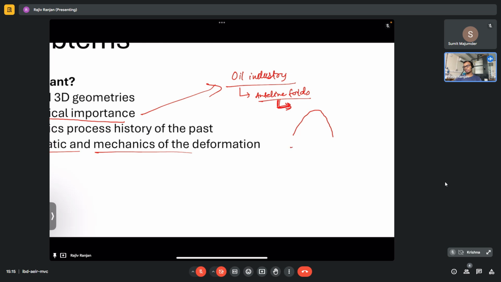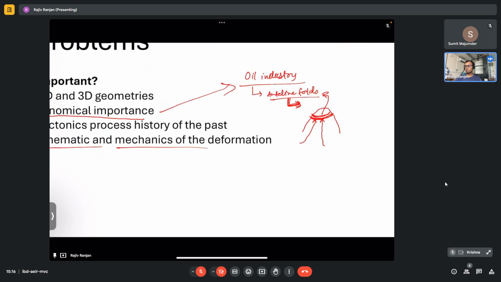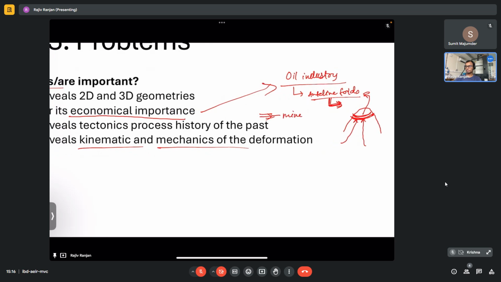Oil and gas come and get trapped here. This is how it helps. And not only that, it also helps to deposit minerals, mineral deposition.